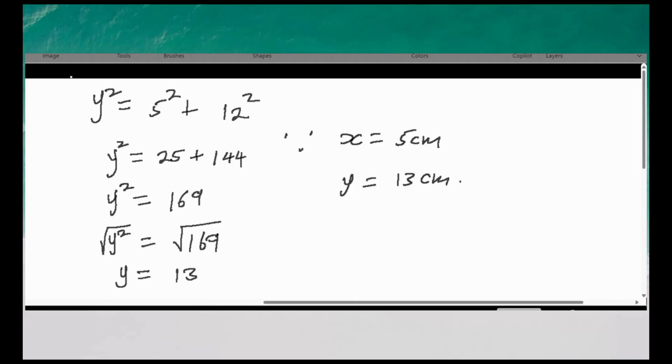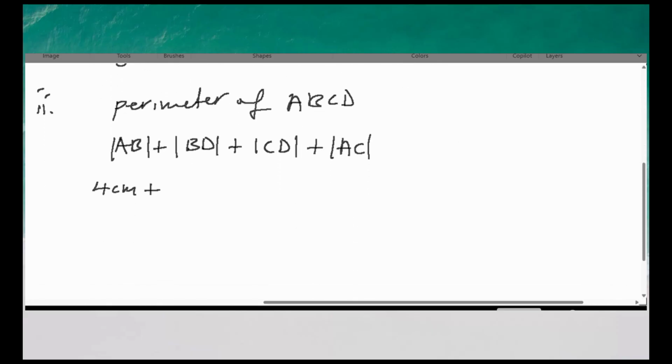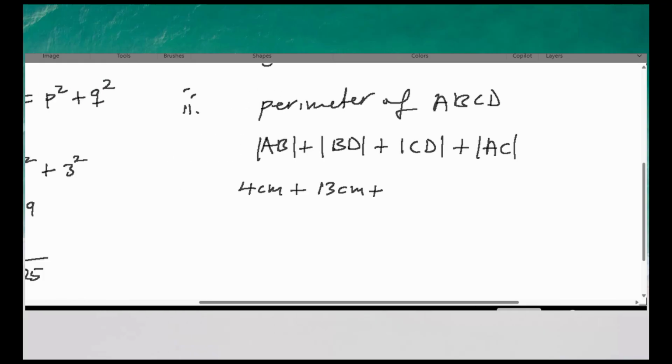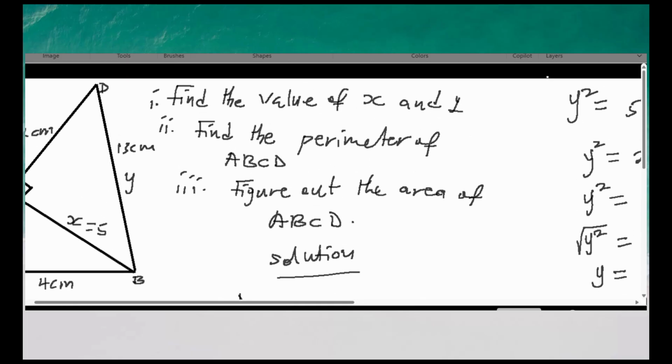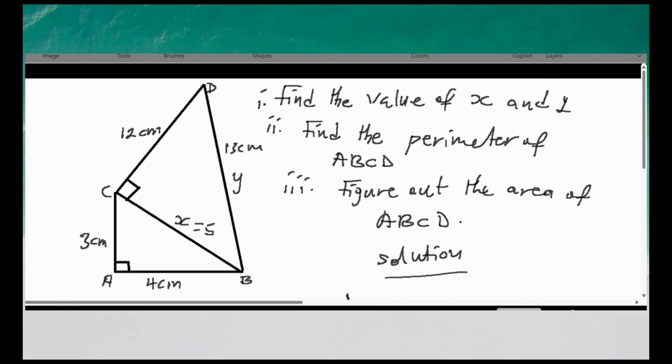So BD, 13 centimeters plus CD. CD, I think that's known already on the diagram. CD is what? 12 centimeters, and AC or CA is what? 3 centimeters. Please, the BC is not part.